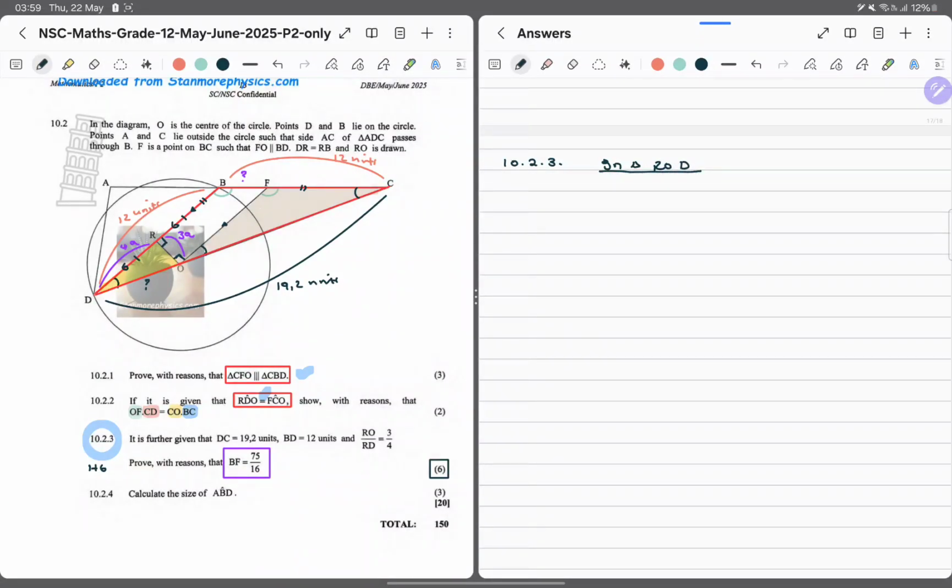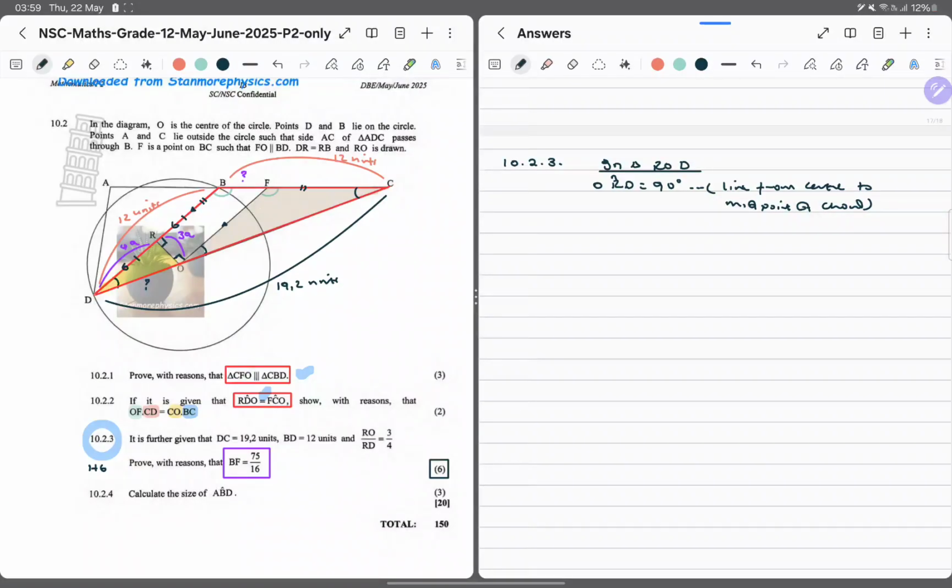In the triangle ROD, what do we understand? We understand that ORD is 90 degrees. Why is that? This is the line from center to midpoint of chord.